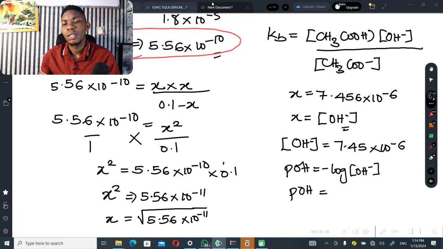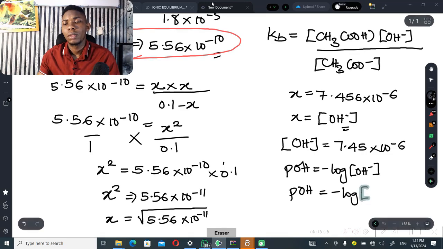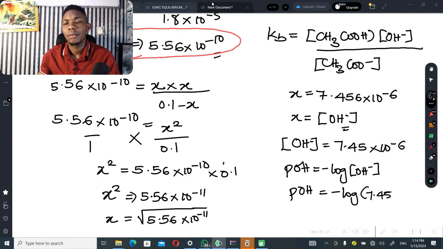So pOH will be minus log of 7.45 times 10 raised to the power of what? Minus 6. Is that okay?